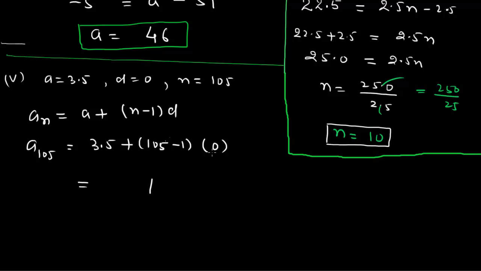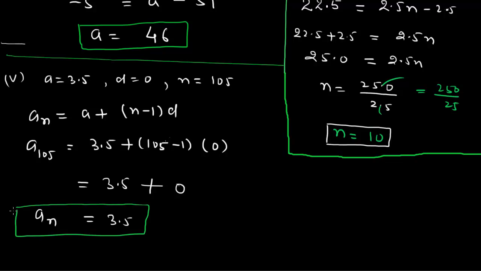We know that if we multiply any number by 0, we get 0. So this part equals 0, and this is 3.5. So AN is equal to 3.5. This is the solution of the fifth part of the question. Thank you.